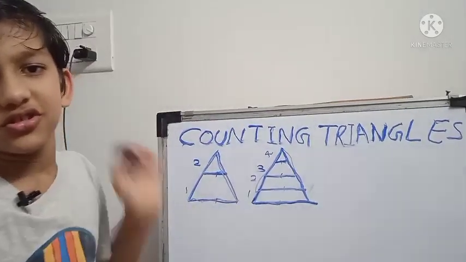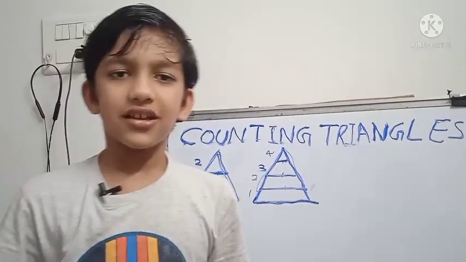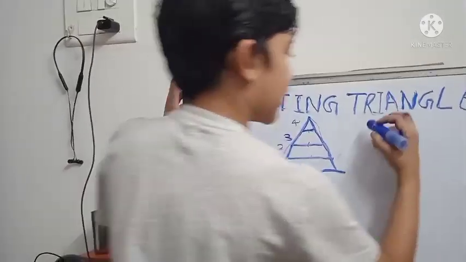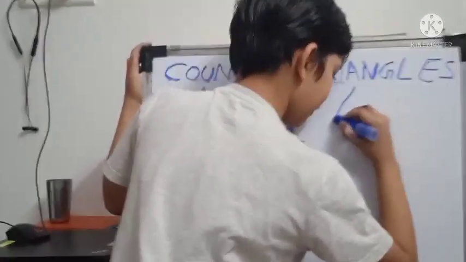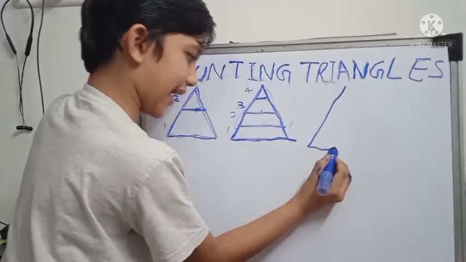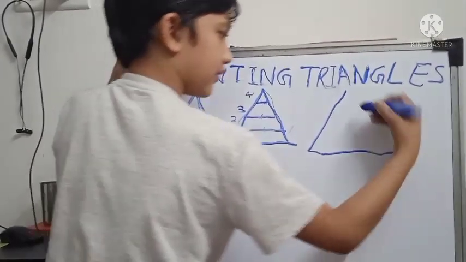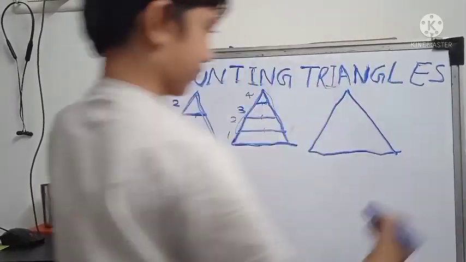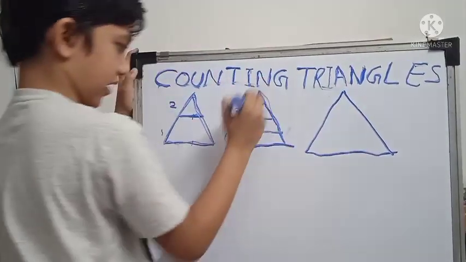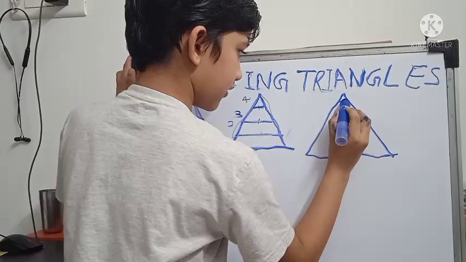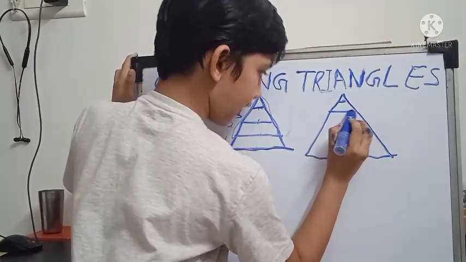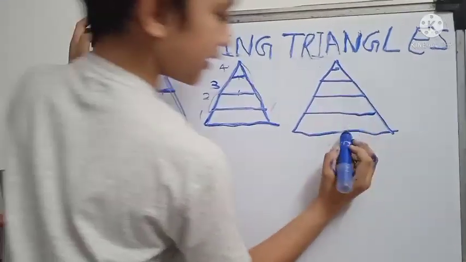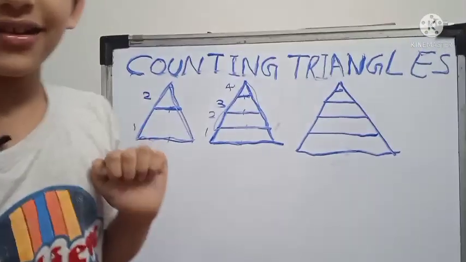It is again very time taking. Now the next triangle will come. If there are 4, there will be 5 in this. Yes, it has 4 in it.